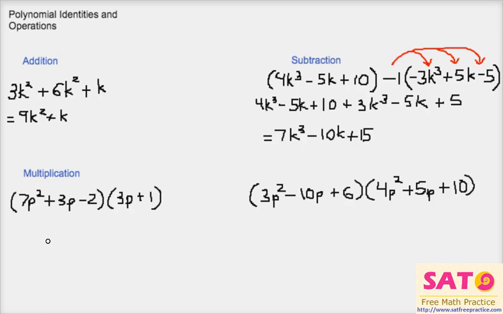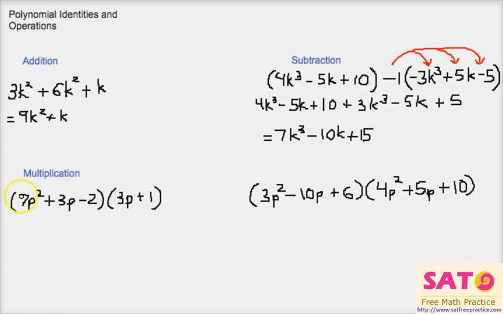7p squared plus 3p minus 2 multiplied by 3p plus 1. So here we'd have to use something called FOIL, which is first, outer, inner, last. So first we'd have to multiply 7p squared times 3p and 1. This is distributed to all the factors of this polynomial.